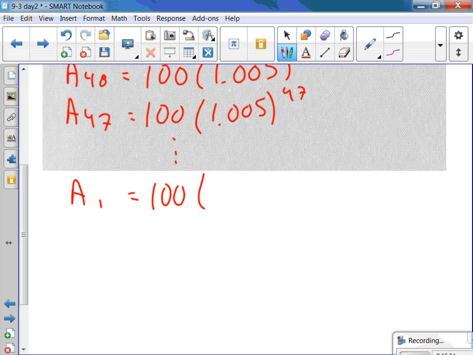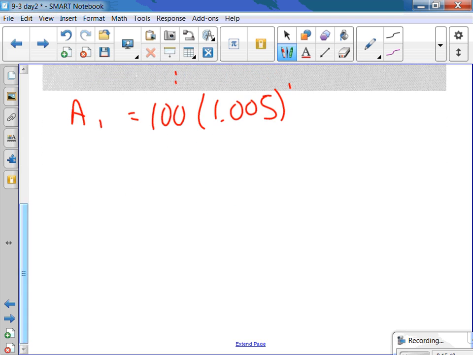So in other words, they're asking us to find the sum for those first 48, right? Our sigma notation, i equals 1 to 48 of our A1 times R to the n minus 1.